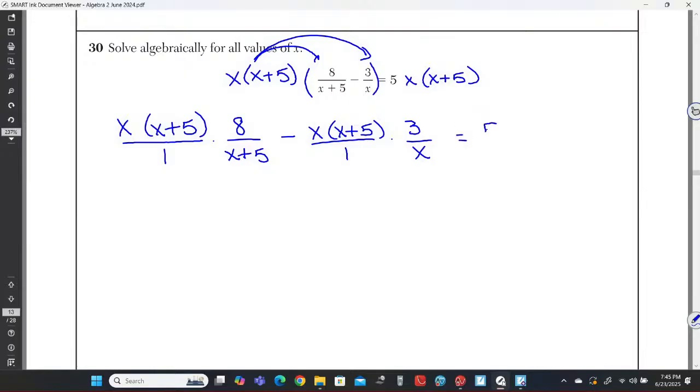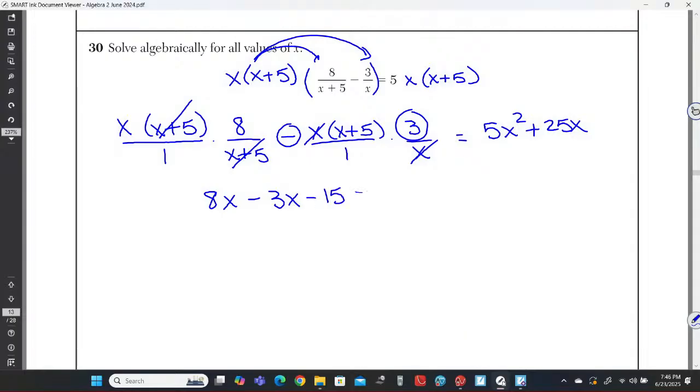And on this side, I can actually distribute that: 5x squared and 25x. All right, on this side, the x plus 5 cancels an x plus 5, and x cancels an x, and now I'll have 8x. Here I'm going to have negative 3 distributing through that parentheses, so that'll be minus 3x minus 15 is equal to 5x squared plus 25x.